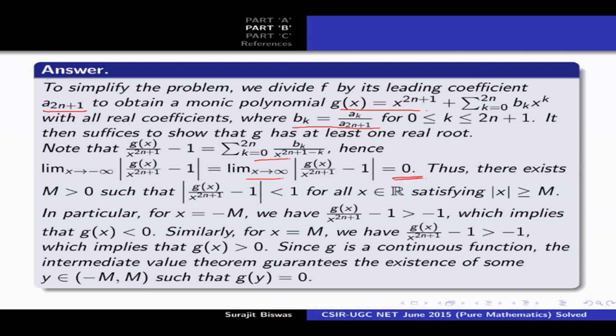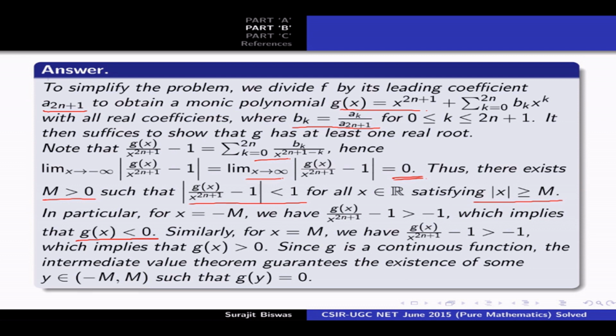So thus there exists m bigger than 0 such that mod of g(x) by x to the power 2n plus 1 minus 1 is less than 1 for all x belonging to R satisfying mod x greater or equal to m. In particular, for x equal to minus m, we have g(x) by x to the power 2n plus 1 minus 1 bigger than minus 1, which implies that g(x) is less than 0.